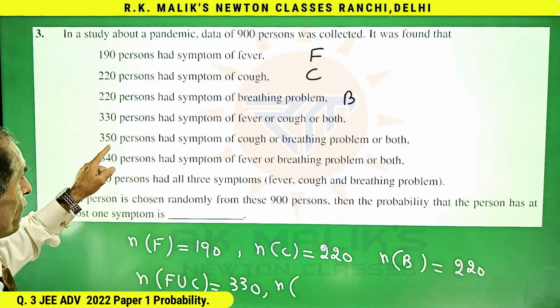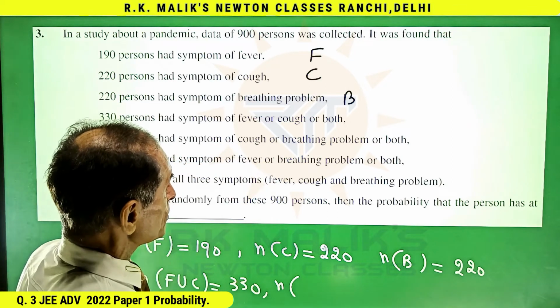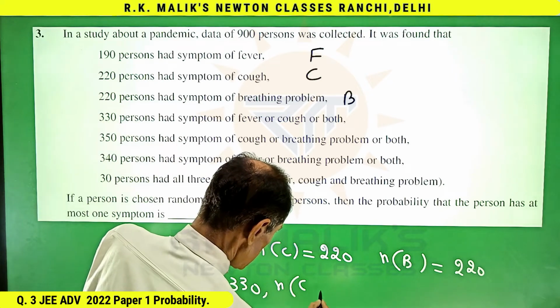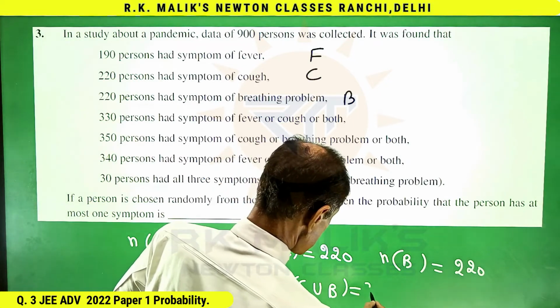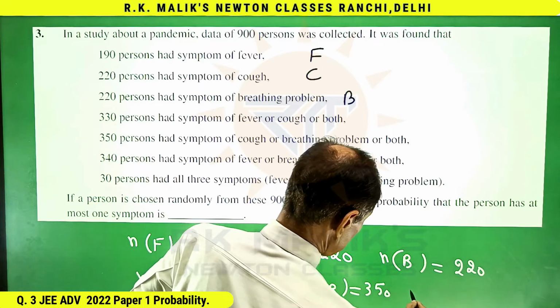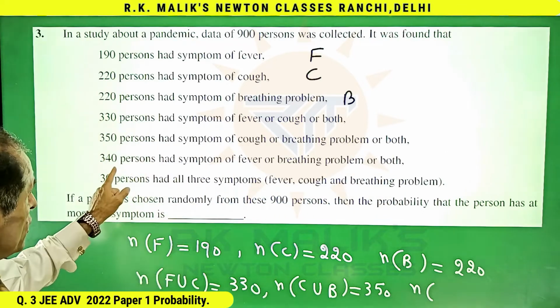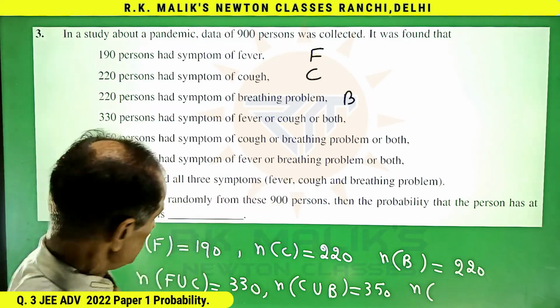Now 350 have symptom of cough or breathing problem or both. That is N(C union B) is equal to 350. And 340 have symptom of fever or breathing problem or both.